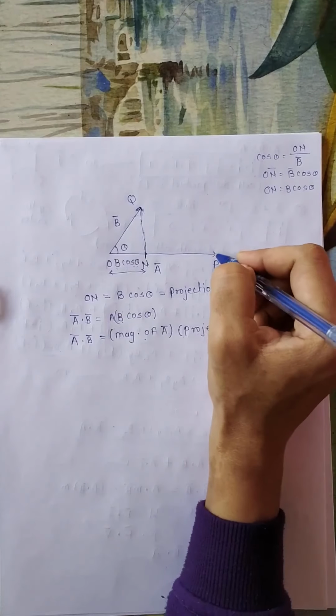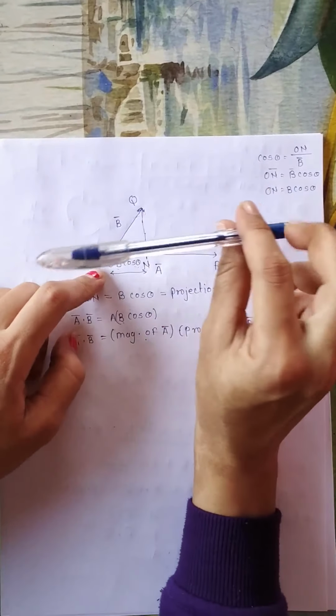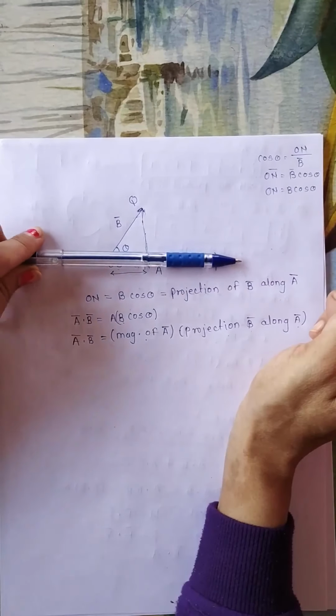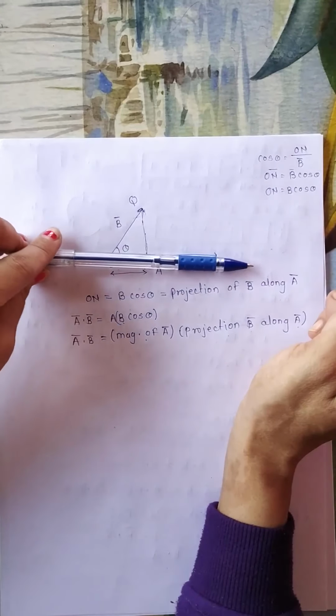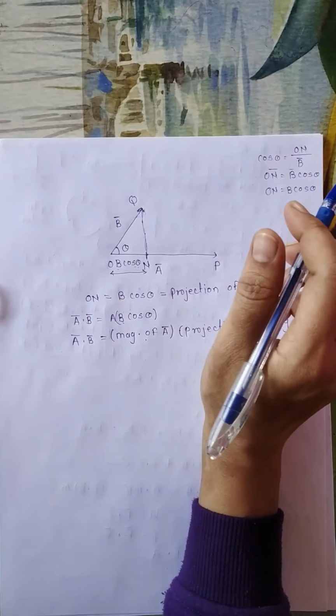Now if we take the projection of this OP on B, so if this is our vector OP and we have to take the projection, we have to rotate it in this way, and here there will be the projection.